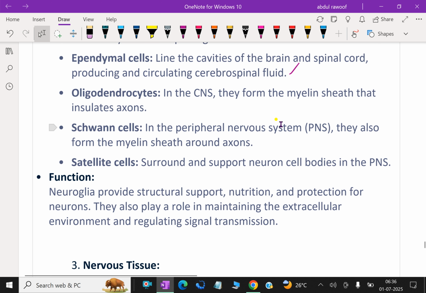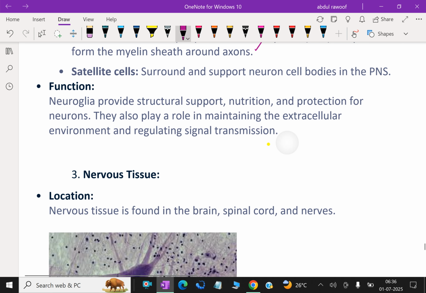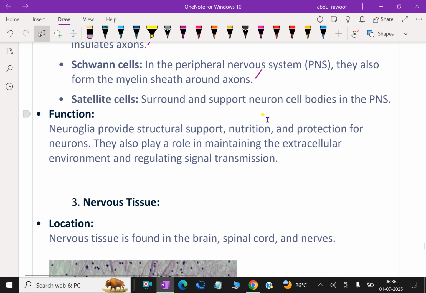Oligodendrocytes in the CNS form the myelin sheath that insulates axons. Schwann cells in the peripheral nervous system, PNS, also form the myelin sheath around axons. Satellite cells surround and support neuron cell bodies in the PNS.